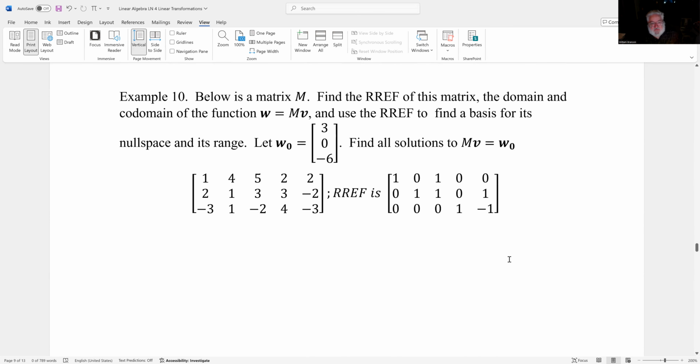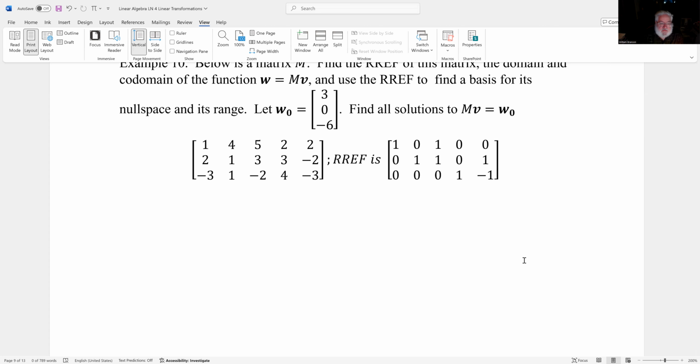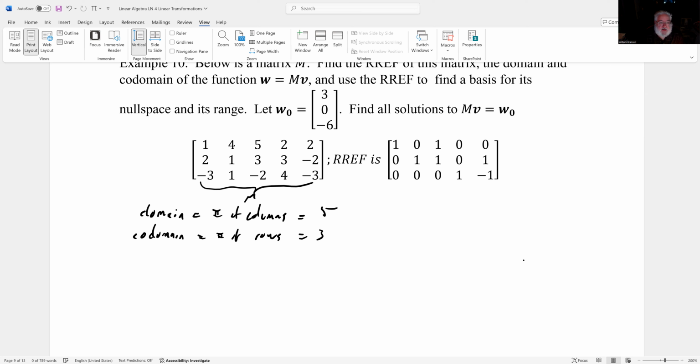Given matrix M, use the reduced row echelon form of this matrix to find the domain and codomain. Use the RREF to find a basis for the null space and its range. So here's our matrix M. Domain: number of columns, 5. Codomain: number of rows, 3.